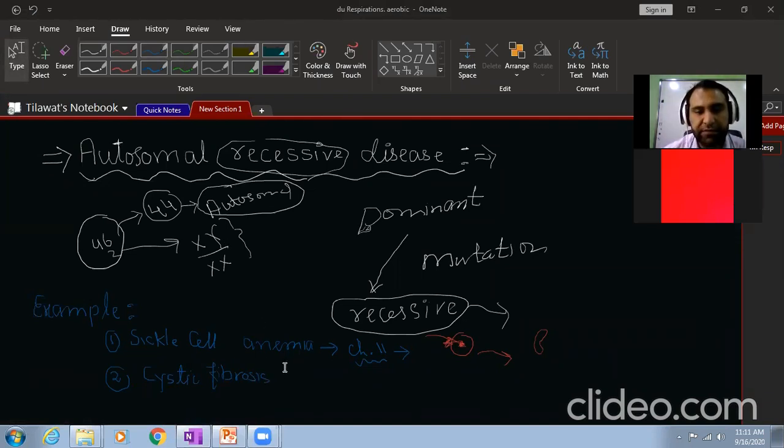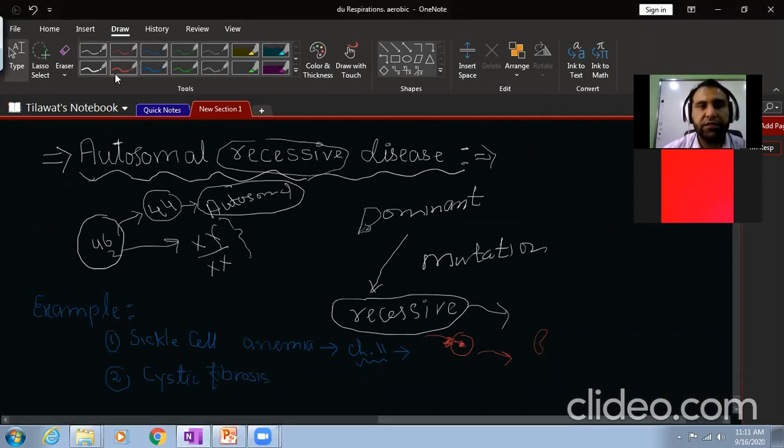In this condition, liquid mucus will accumulate more in your lungs, right? And that can block the alveoli or bronchioles, and there will be a problem of breathing, and even infection can happen if the mucus stays for a long time.